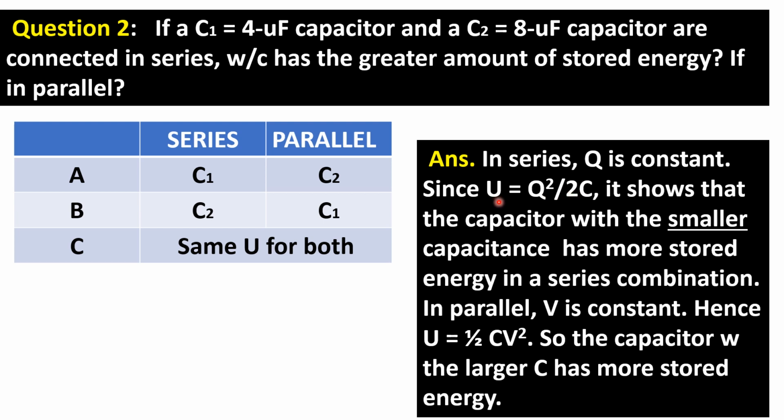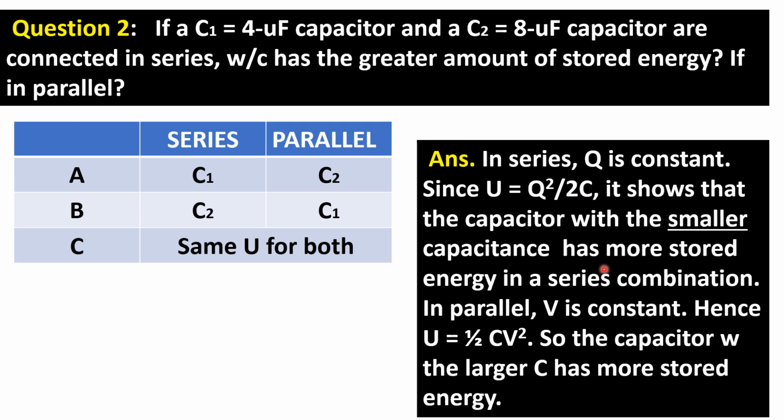From this formula, it shows that the capacitor with the smaller capacitance should have the more stored energy, because if Q is constant, it follows that C is inversely proportional to U. So the capacitor with the smaller capacitance gets the greater stored energy.